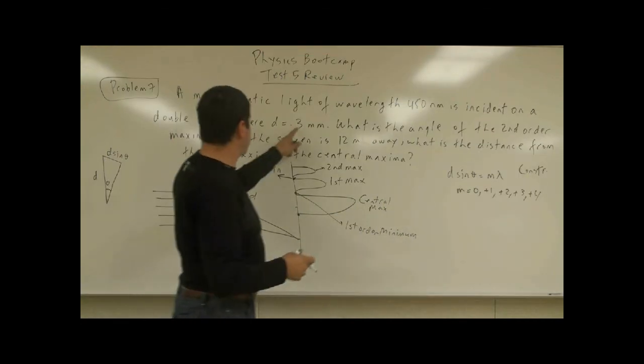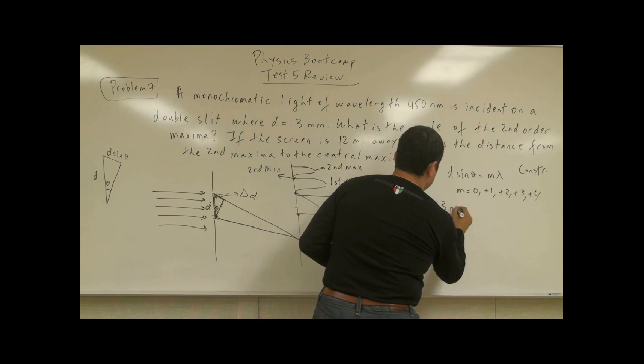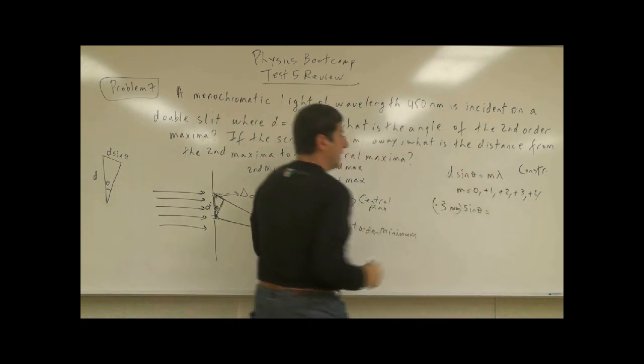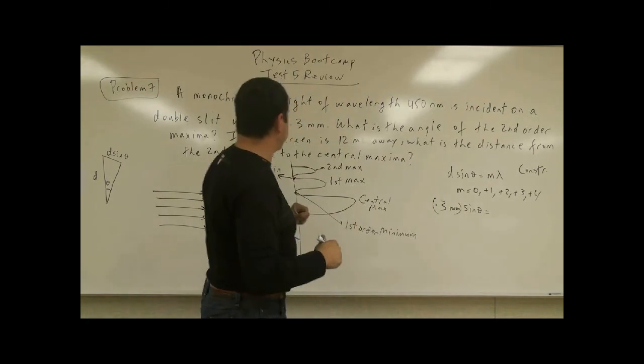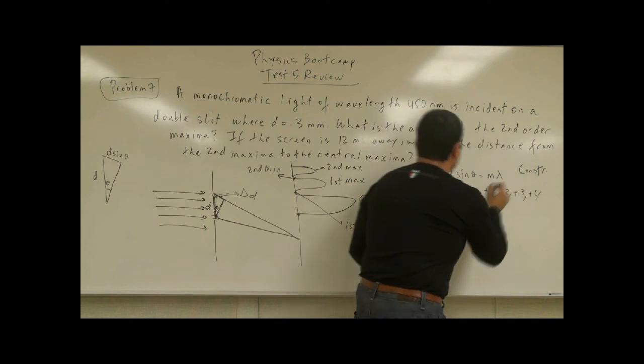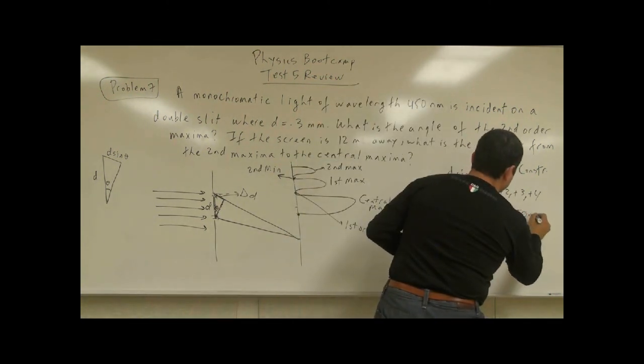d is equal to 0.3 millimeters. And then we have sine of theta. Then the m, we want the second maximum, so m is 2. The wavelength is equal to 450 nanometers.